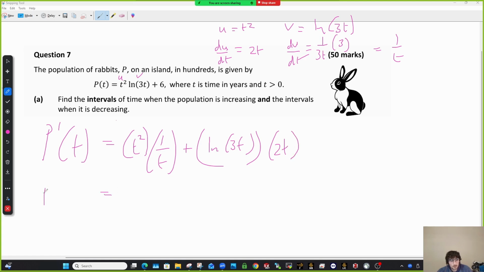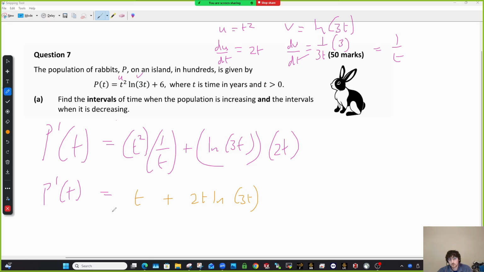Okay, so then this works out as t plus 2t ln 3t. I think I've done that correct now. I don't see any issues there. Always good to just pause for a second and check. So we're basically asking when this function is increasing and decreasing in value, okay?